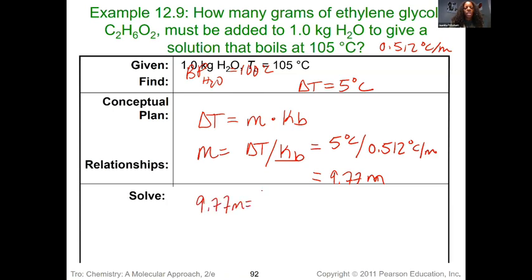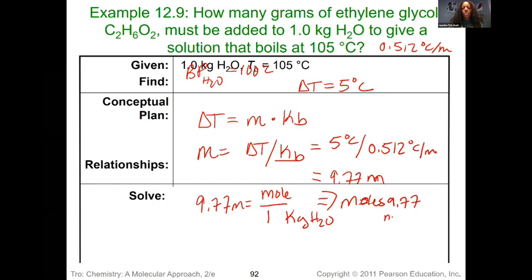Remember the molality is equal to the moles divided by the kilograms of solvent. Our kilograms of solvent in this case is 1 kilogram of H2O, which means our moles would be equal to 9.77 moles of the ethylene glycol.